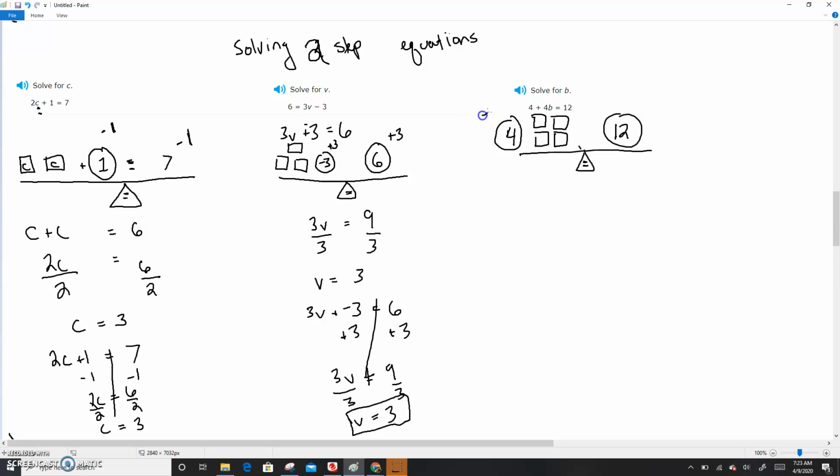First thing I want to do is get rid of this positive 4. But if I do it over here, my balance is not level, and so I need to do the same thing over here. So I'm winding up with 4b equals 12 minus 4 is 8. I know to divide both sides by 4. That's going to leave me with b equals 8 divided by 4 is 2.